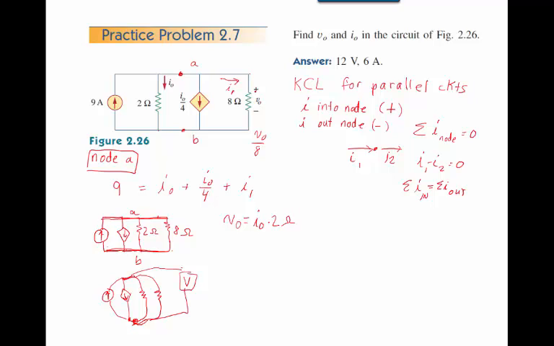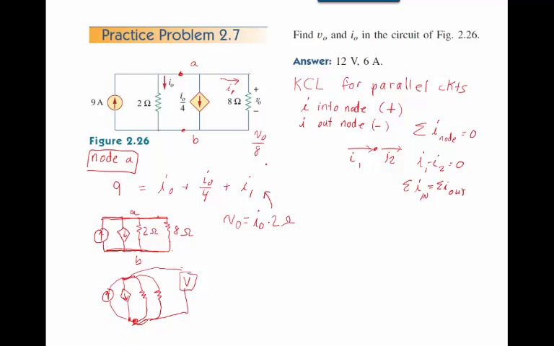So we have V out, but V out is the same voltage as here, and that's I out times 2 ohms. So I can substitute that into this equation right here, and then we'll get down to only one unknown.